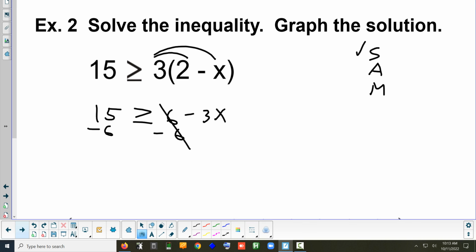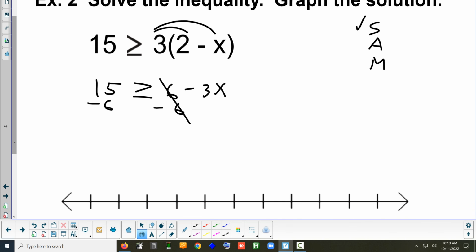And Annika, if I do 15 minus 6, what does that give me? We want to subtract because this already is a positive 6. And if we add 6 to 6, we'd get a 12 on this side. So we want to subtract 6 so it disappears.